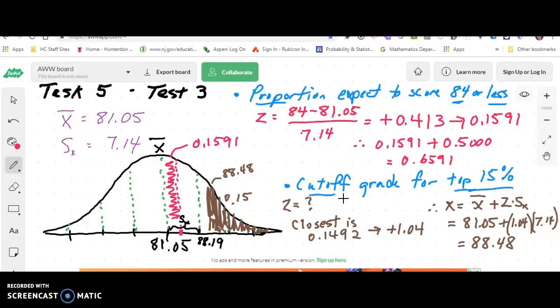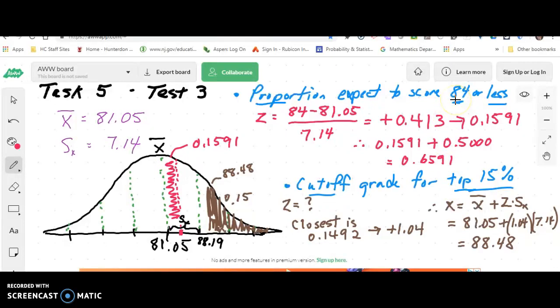If the teacher uses test 3 for this award, what grade should be selected as the cutoff for the award? So for this problem, we're looking at where is the cutoff on this graph with this mean and standard deviation such that the area from that value to the right tail is the top 15% of the population.